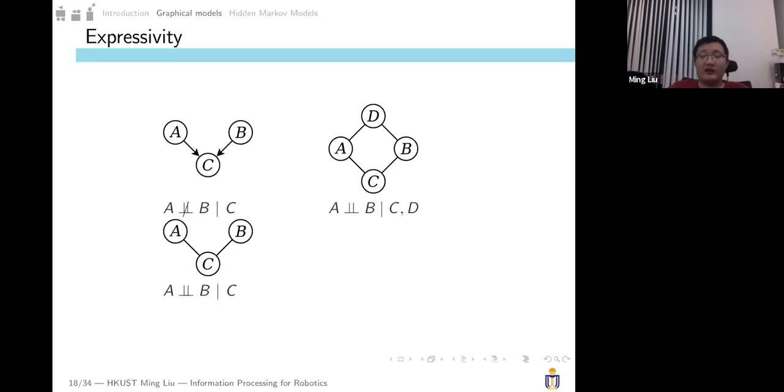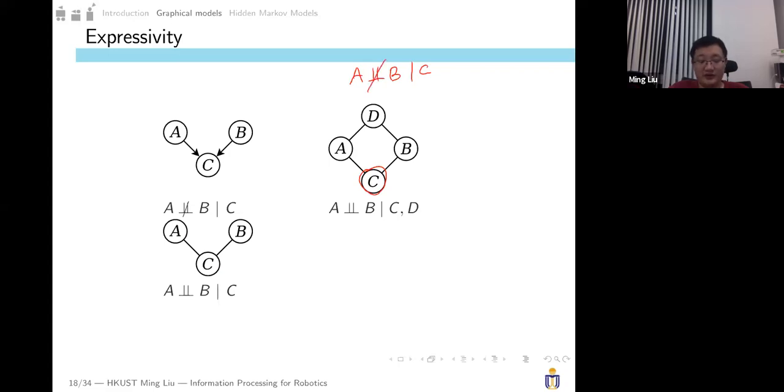And on the right side, given only C, A and B are not independent yet, right?